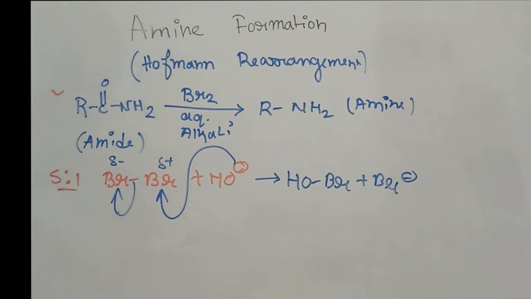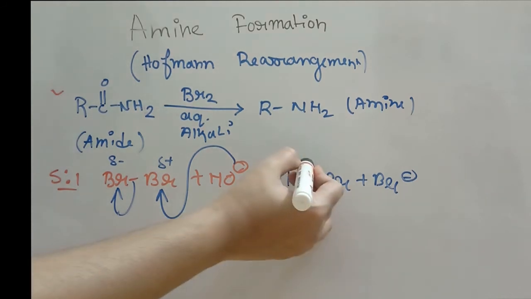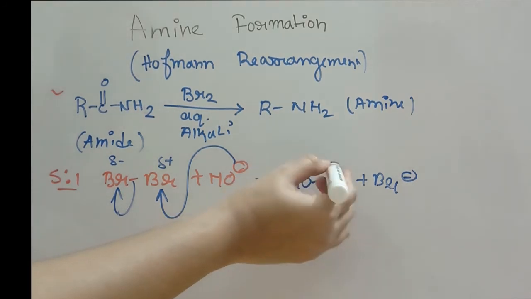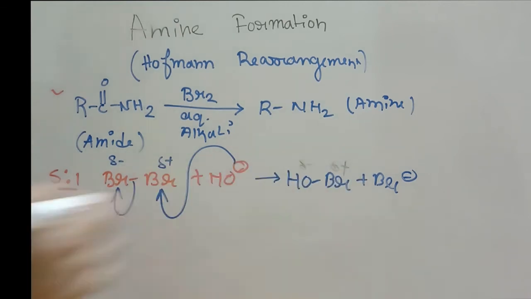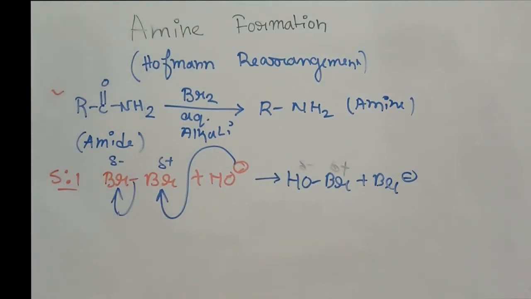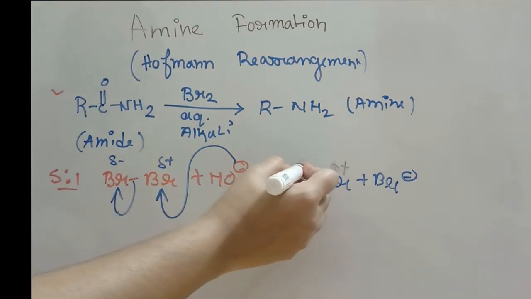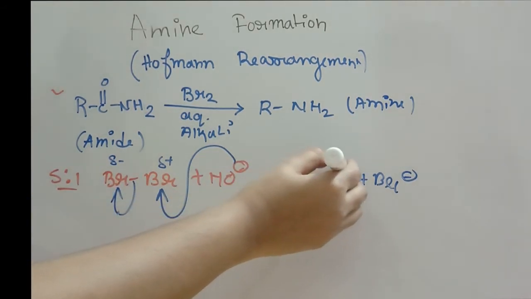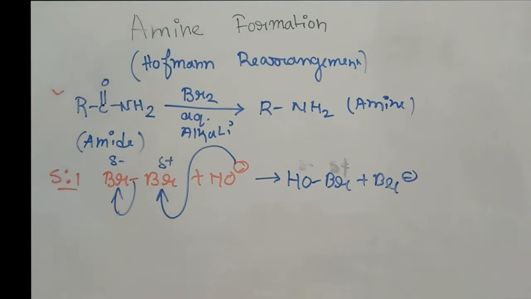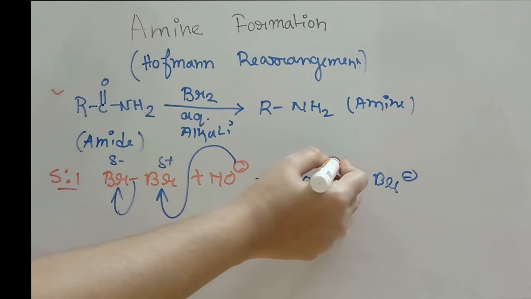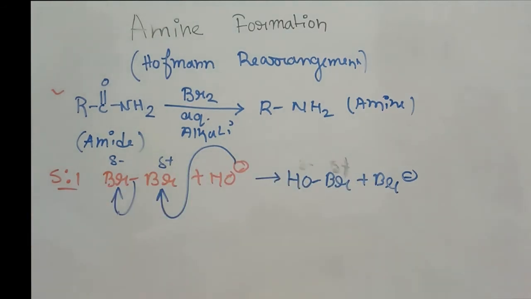When there is OH and bromine, the oxygen is more electronegative than bromine, so OH gets delta negative and bromine gets delta positive.